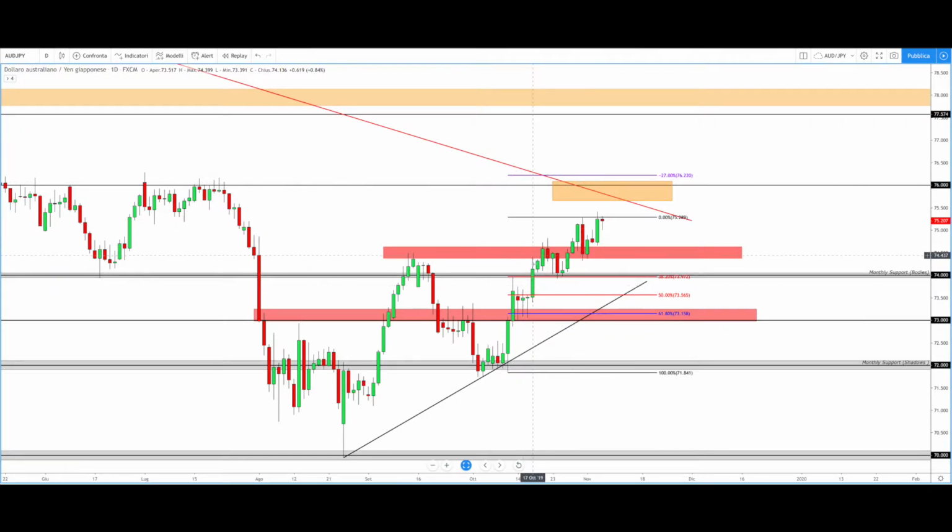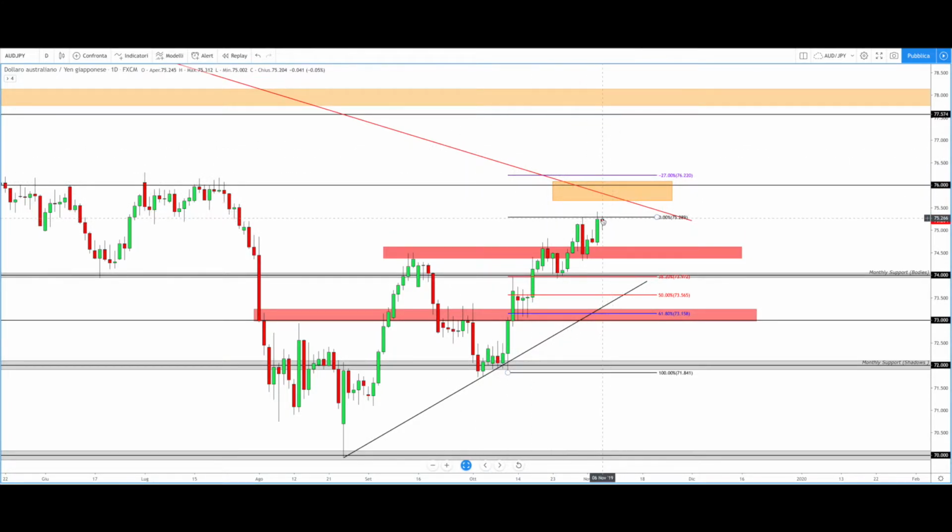So after this break and retest and correction, I expect another big push to touch this area. But also here we have this key level 76. We have this bearish trend line and this Fibonacci extension.